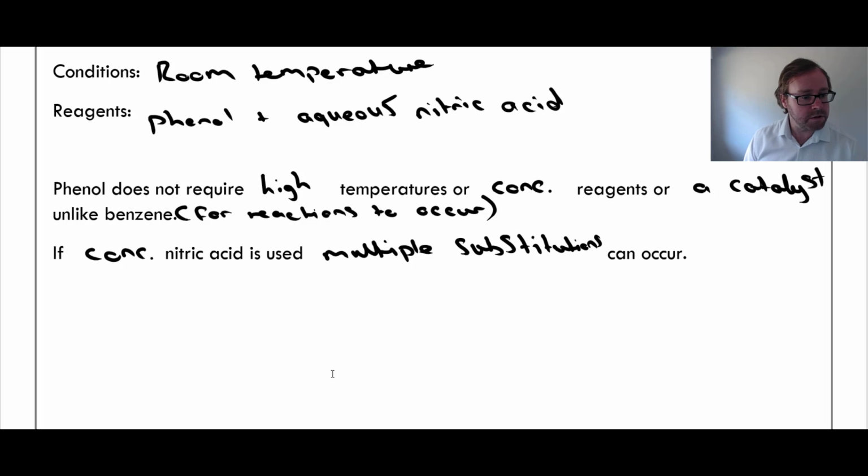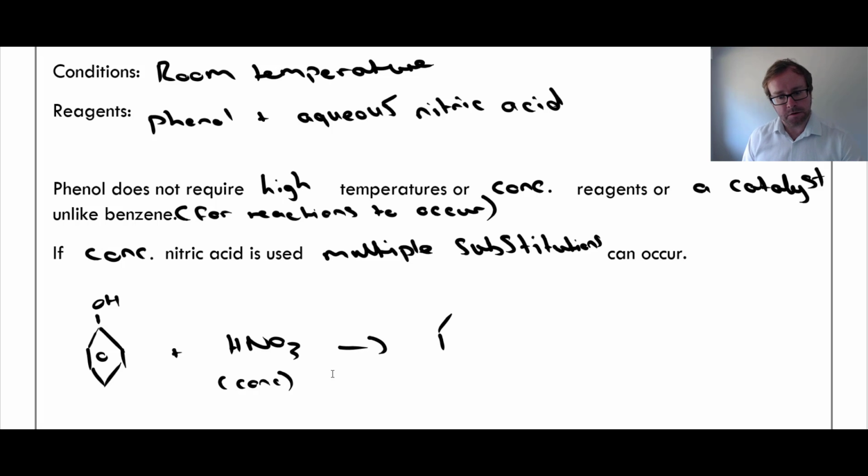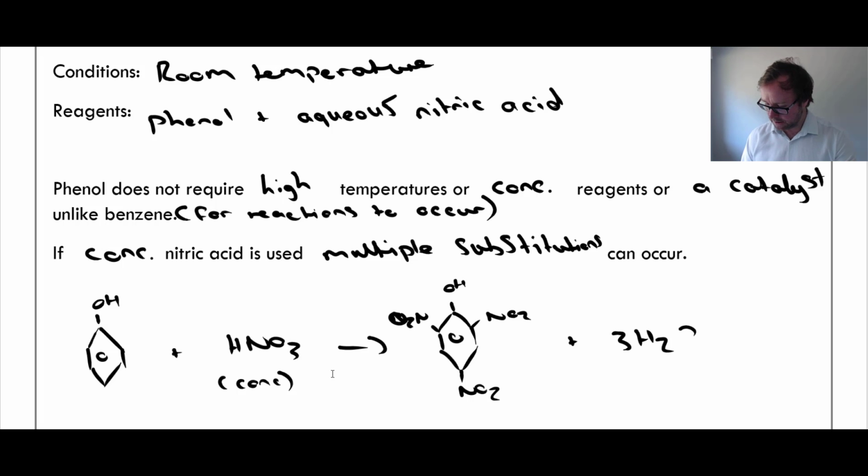E.g., if I use phenol and concentrated nitric acid, we could get multiple substitutions such as this, which would be 2,4,6-trinitrophenol, excuse me, plus 3 H2O and 3 HNO3.